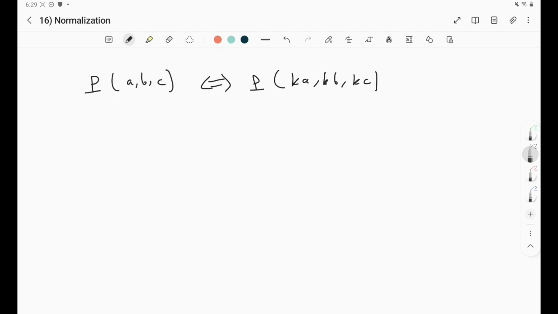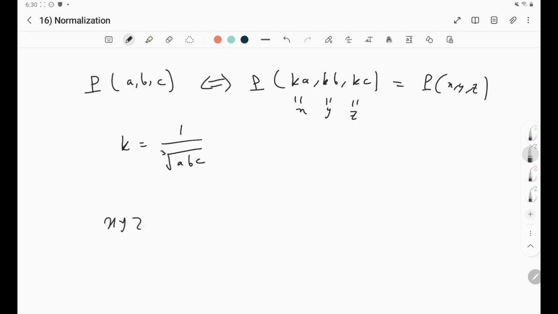Actually, this k is powerful because you can define it however you want. So for example, let's pick k to be 1 over the cube root of abc. Now, if we call the new variables x, y, z, we basically want to prove P(x, y, z), the inequality for x, y, z. If you look at these new numbers and take their product, what is xyz?